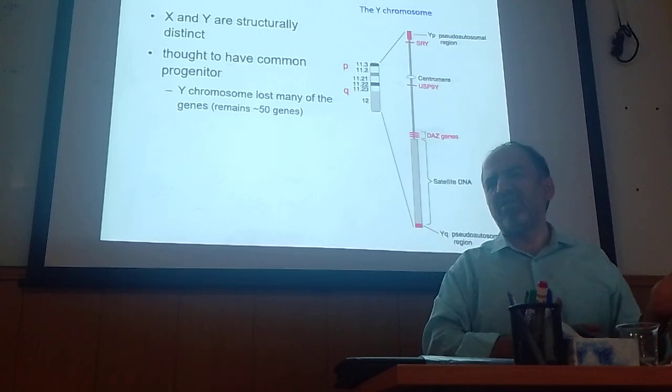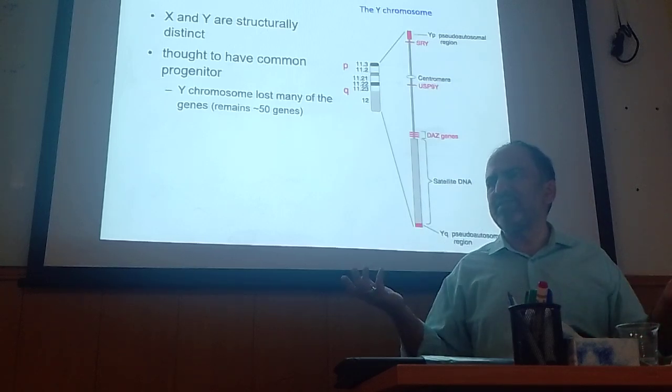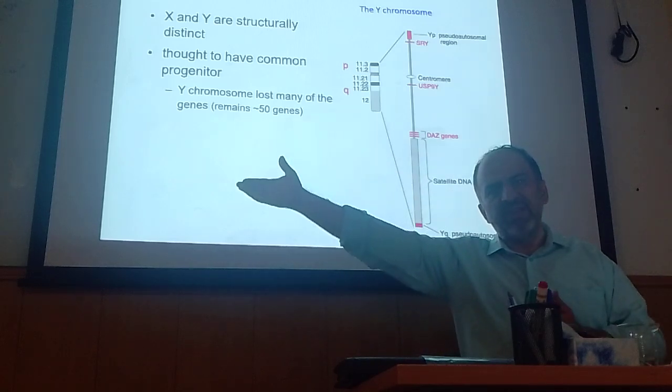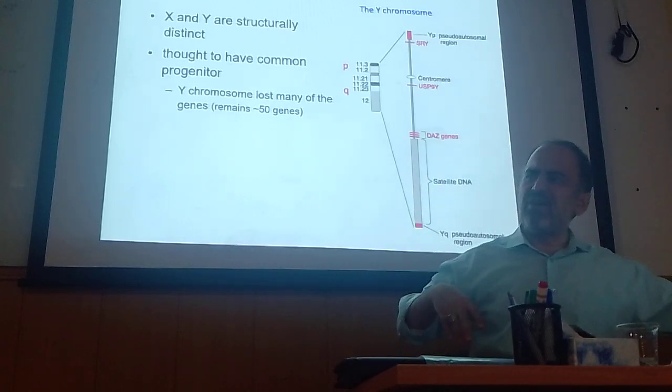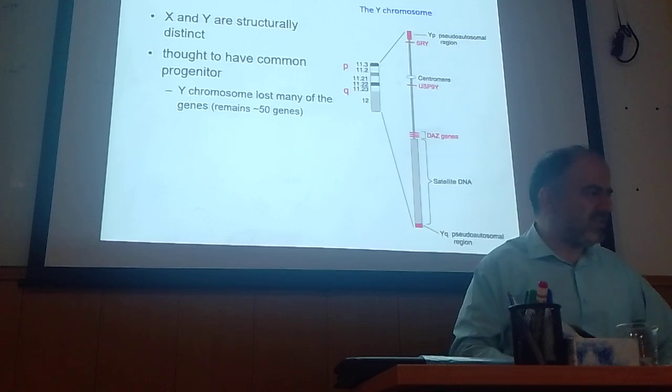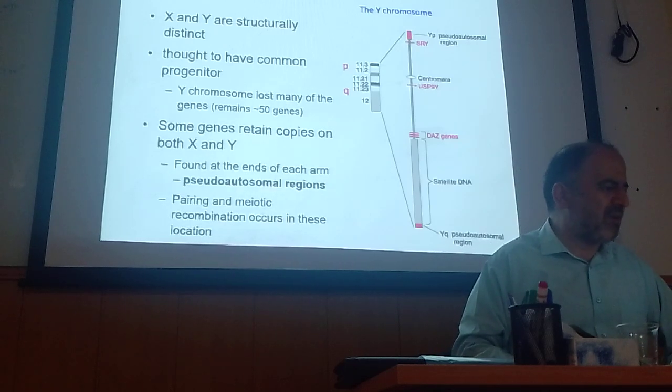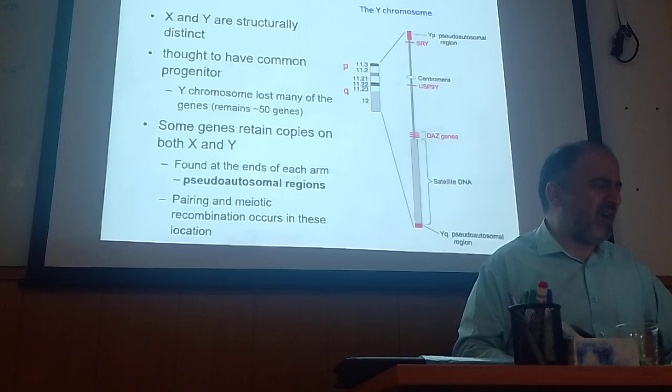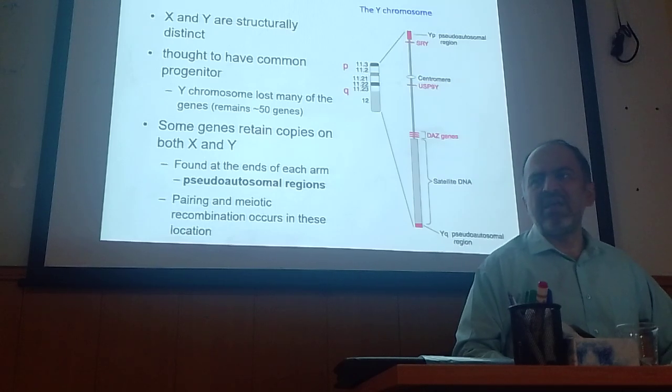They have some differences in the hormones, others are the same. Because one of the X chromosomes of the lady is inactive, and because the Y chromosome has very few genes, that's the part that is very important. So the pseudoautosomal regions of X and Y pair, and meiotic recombination occurs in that location.